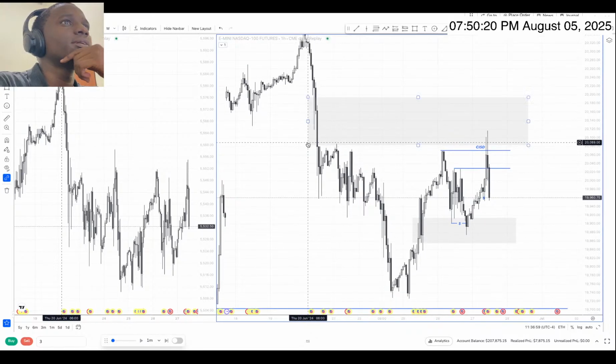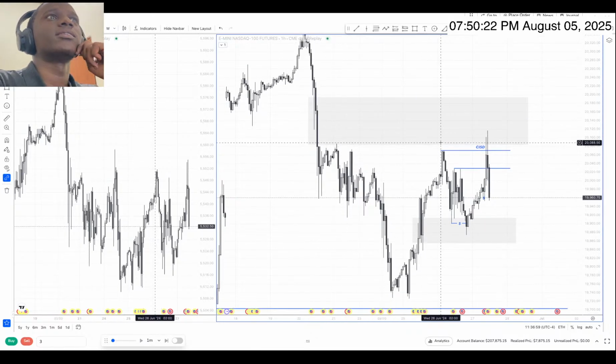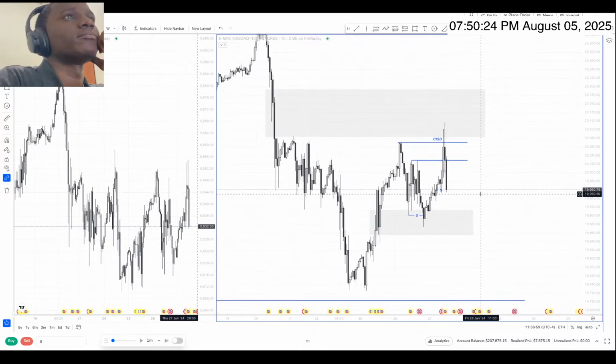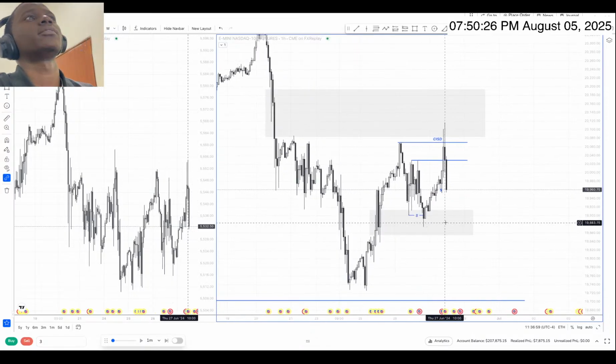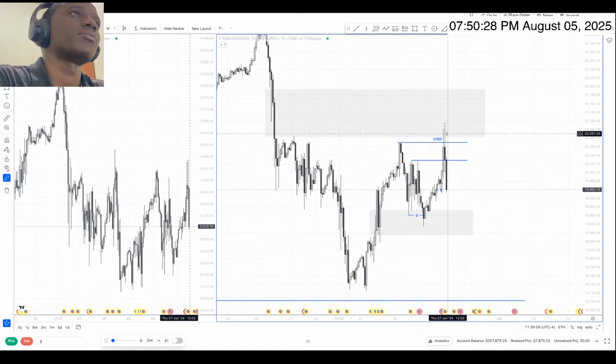This crazy week. Liquidity ran over, then we start dropping. We have these lows here, but this move to the upside was really worth it.